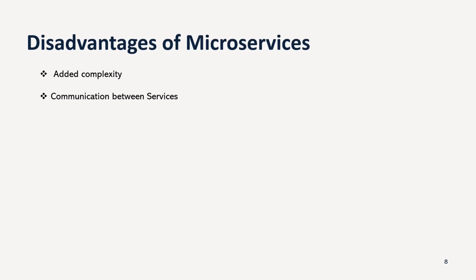Second thing is the communication. In monolithic applications, mostly there will be function calls. Every functionality you can call locally. But here, because all those services reside in different clusters, you have to make sure that you have seamless inter-service communication.